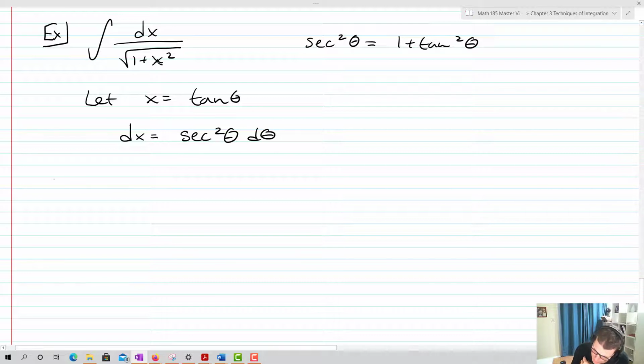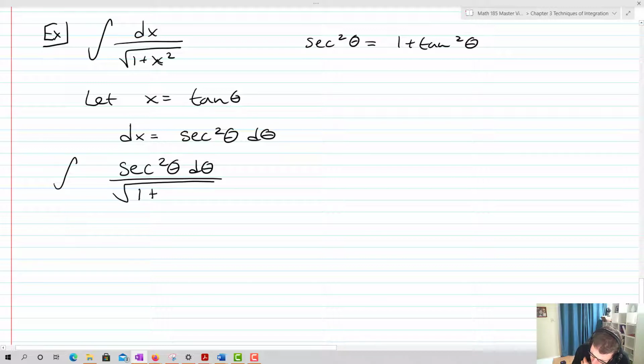And now I can do my substitution. I now have the integral of secant squared theta d theta on top divided by the square root of 1 plus tangent squared theta.